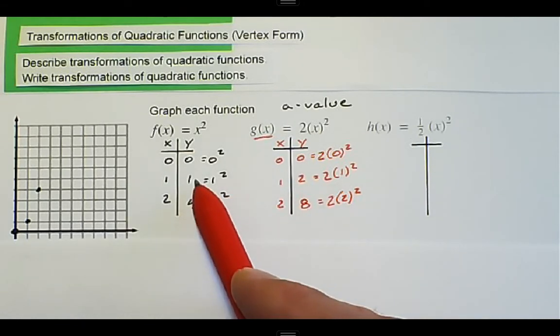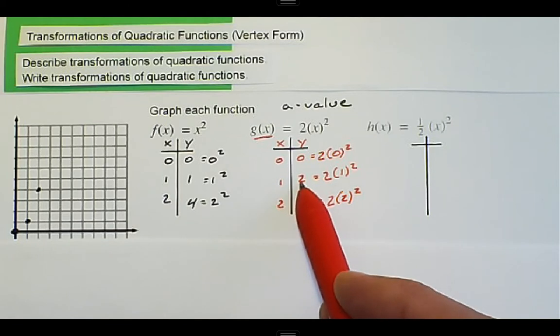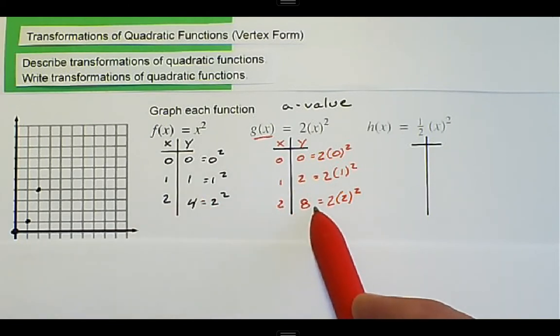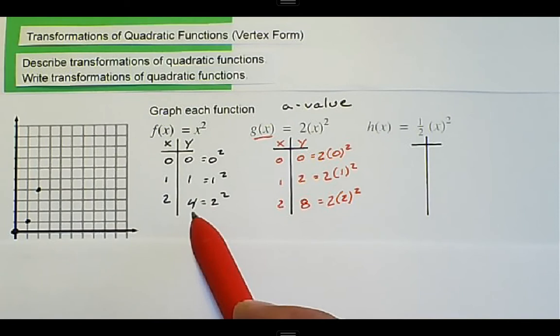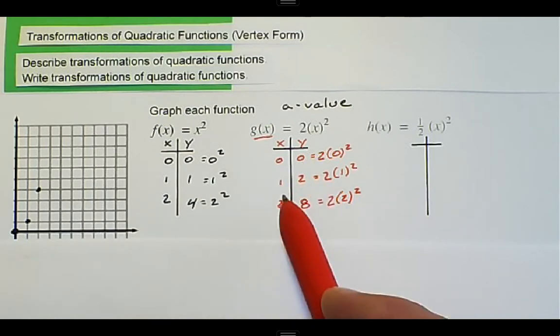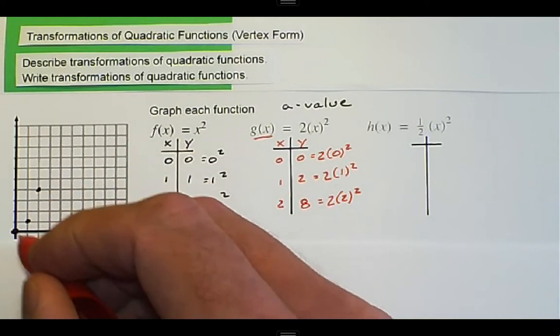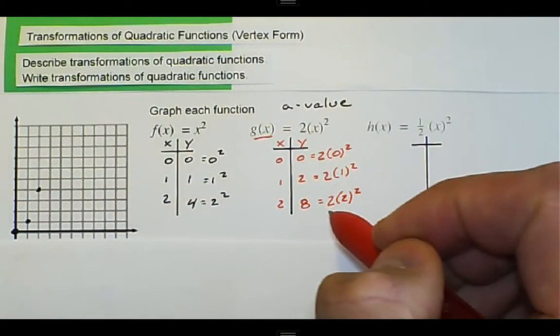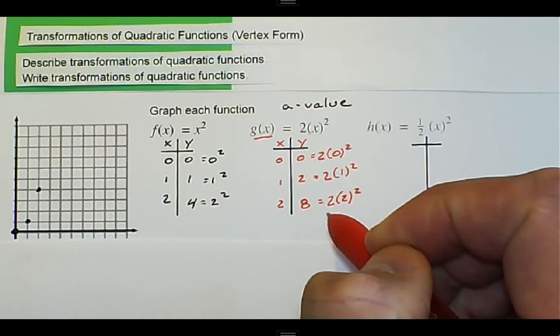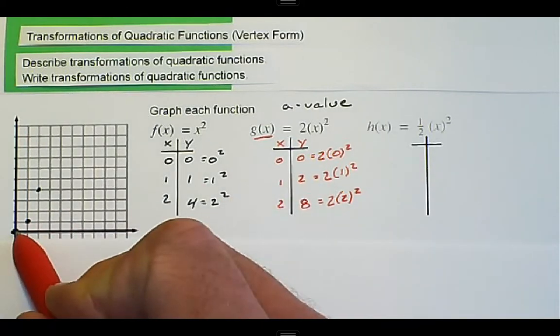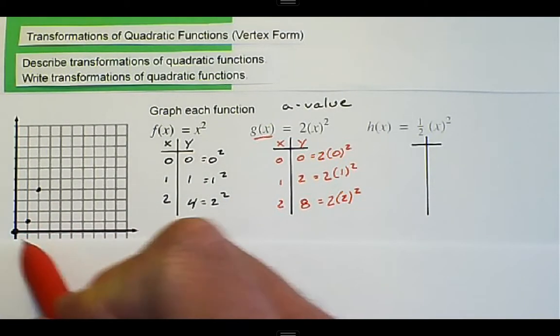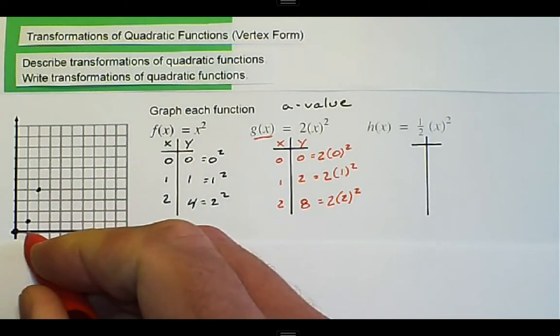If we notice, 2 is 2 times bigger than 1, and 8 is 2 times bigger than 4. So what this red graph here, g of x, is going to do is it's going to get narrow and vertical quicker than the parent function did. So 0, 0 is a point we already have graphed. 1, 2, so we're going to go over 1.